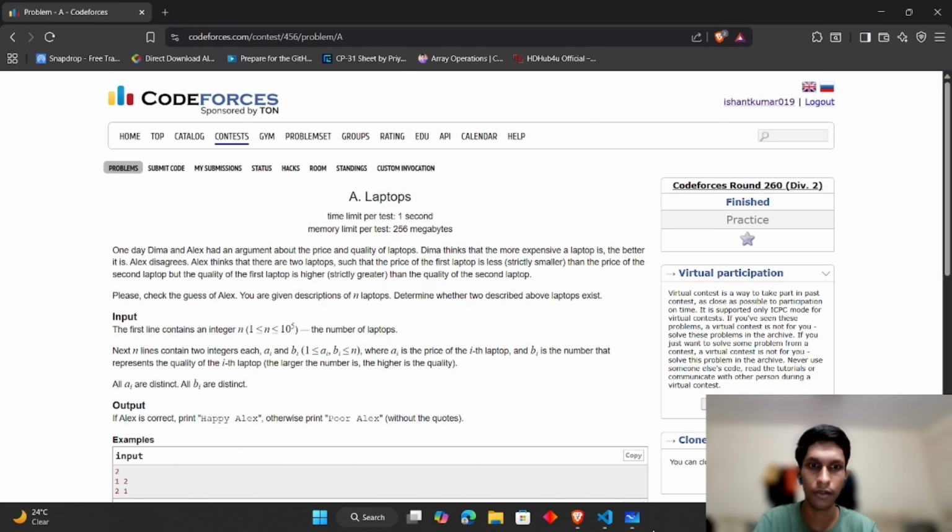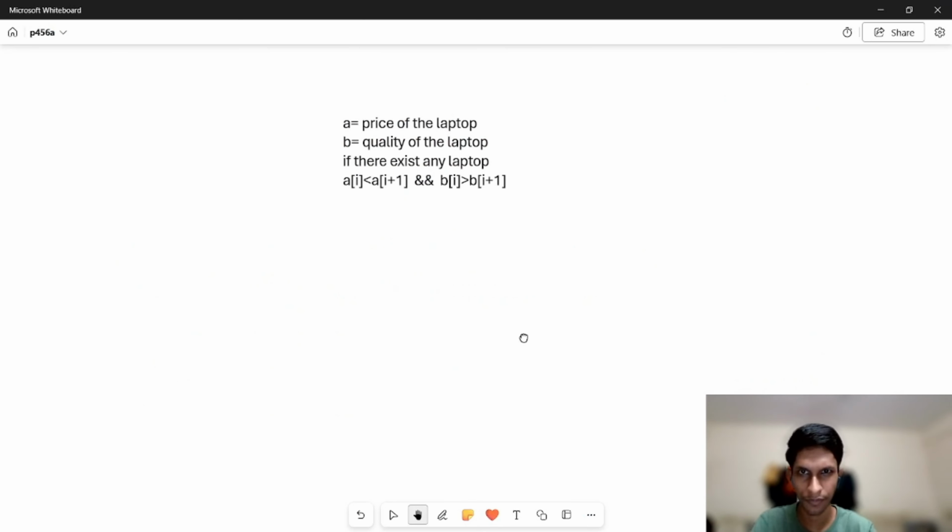So let's see what the question is trying to say. A will be the price of the laptop, and B will be the quality of the laptop. N will be the number of laptops. We have to find a laptop such that the price of the laptop is strictly smaller than any other laptop, and the quality of that laptop is strictly higher than any other laptop.